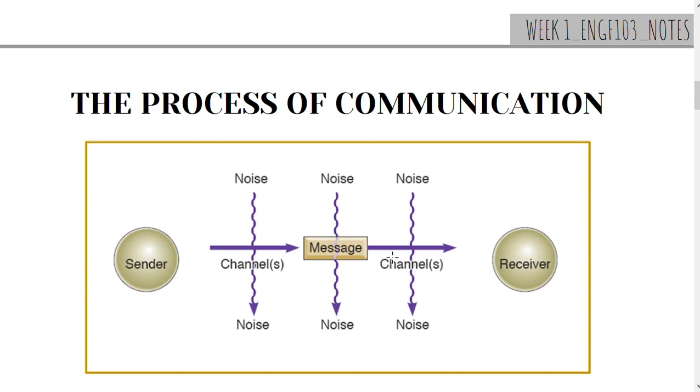External noises can be the noises from the TV, your baby sister crying, or construction noises, which would affect your message. Internal noises are like when you're afraid that you're not good enough in speaking, so that affects the way you send your message and how the receiver understands the message.